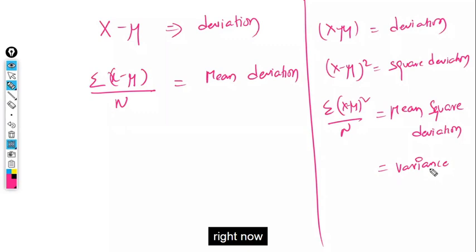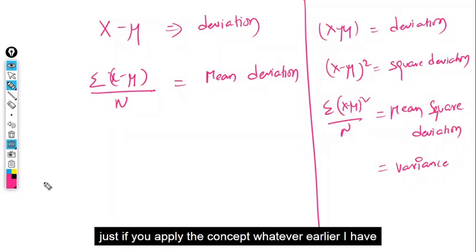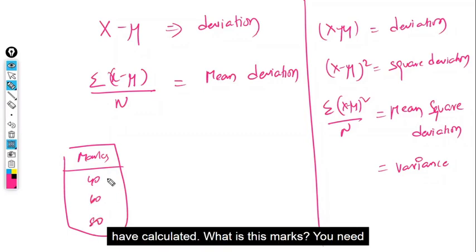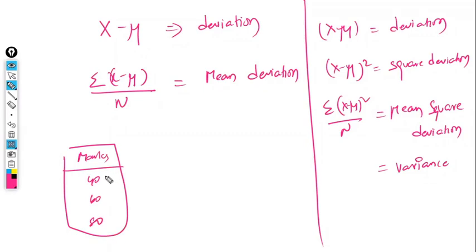Right? Now, let us apply the concept that I told you earlier, that is the marks 40, 60, 80. These are the various marks. What is the unit here? It is M only, na?